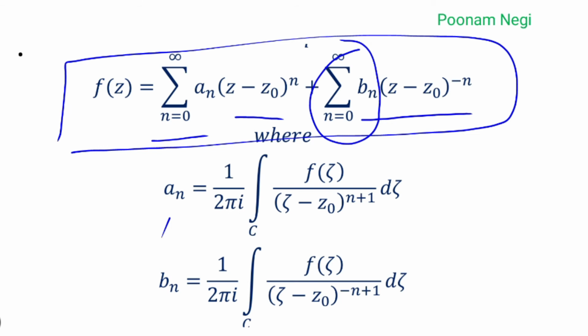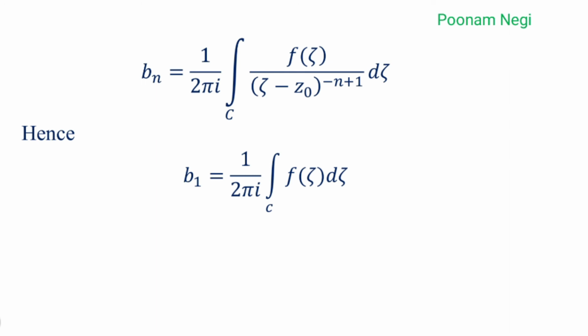I am giving you a quick review of this Laurent expansion, as it will show how to calculate the integral with the help of a residue, where a_n equals 1 upon 2 pi i integral of f(zeta) upon (zeta minus z0) to the power n plus 1 d zeta, and b_n equals 1 upon 2 pi i integral of f(zeta) upon (zeta minus z0) to the power minus n plus 1 d zeta.